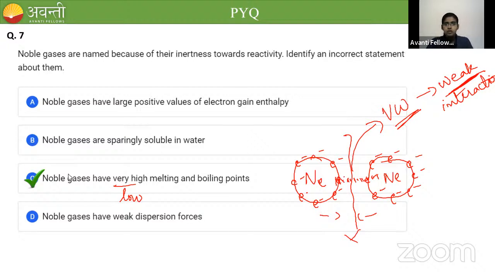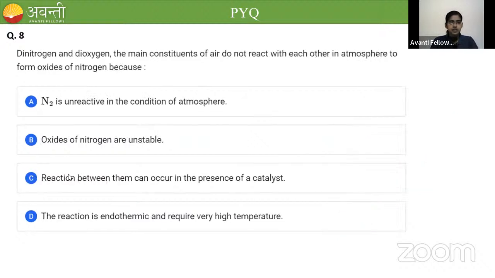Yes. We will move on to the next question now. Dinitrogen and dioxygen, the main constituents of air, do not react with each other in the atmosphere to form oxides of nitrogen. Why? What is the reason?